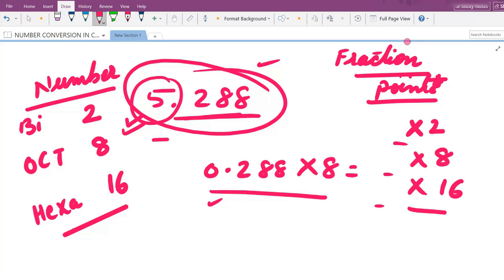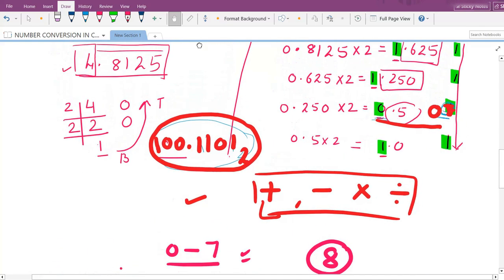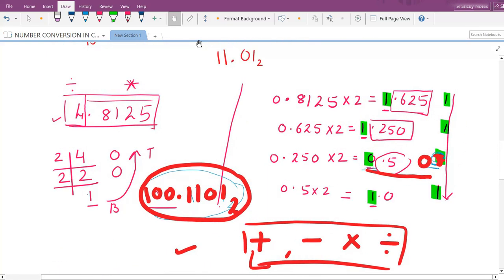It is the same thing. Remembering this pattern is very, very important. Only this number will change most of the time, and it will change if you go for a different number system.